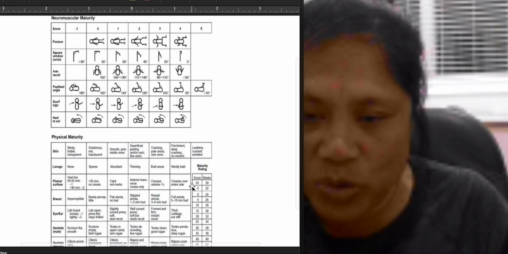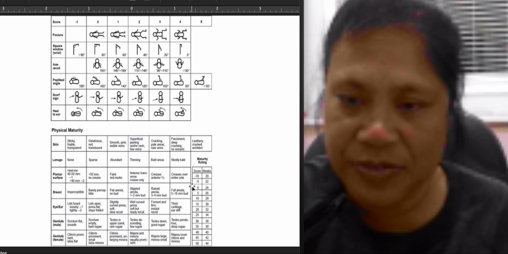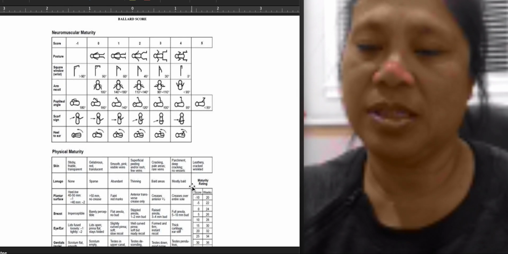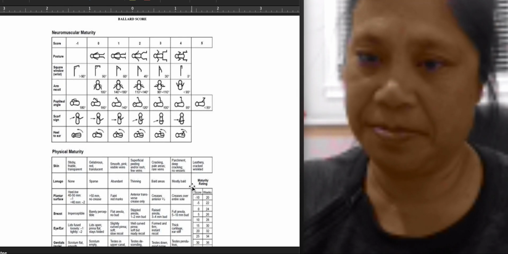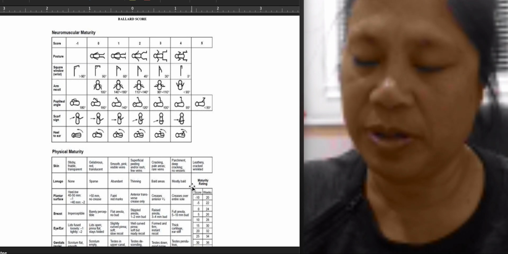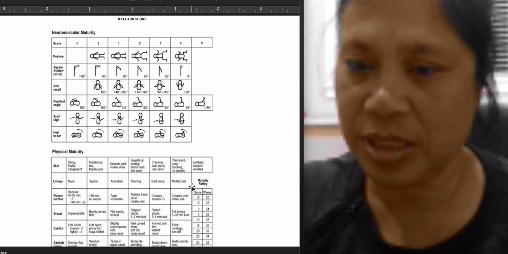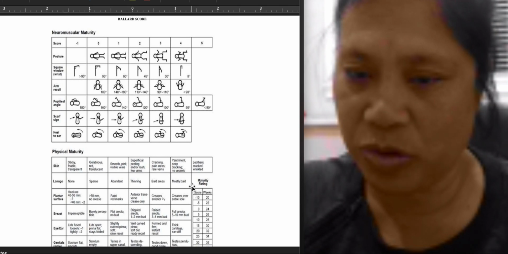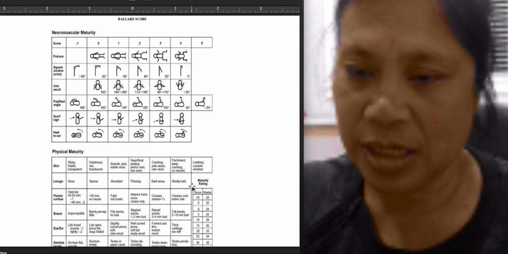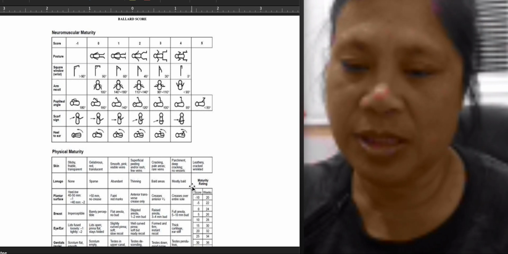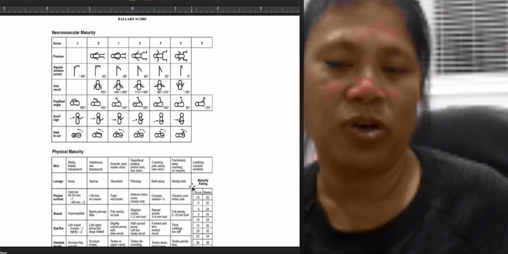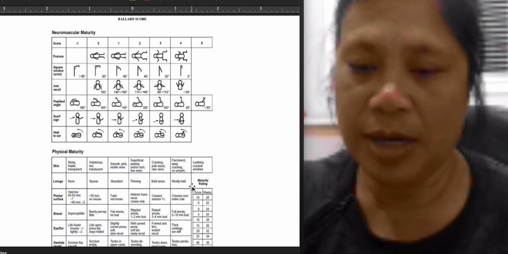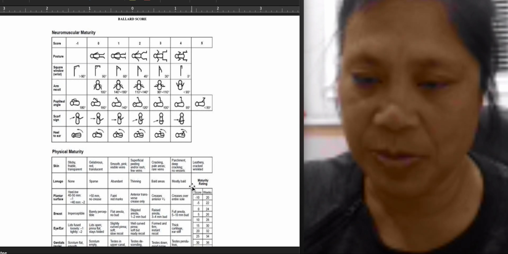But in general, the further left you go in these columns, the less mature they are. For example, in this first column, they can't do these things. Like the popliteal angle, in this diagram the legs go all the way back. They're very, very flexible. Those are usually associated with preterm babies.